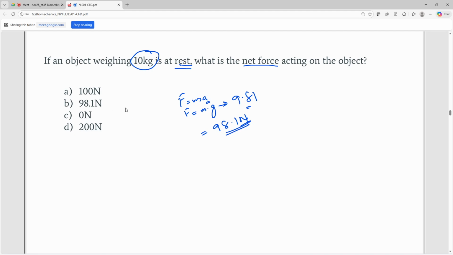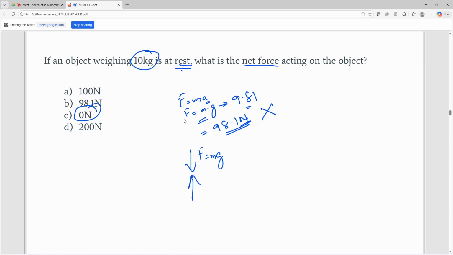That is B. But the answer is wrong because the question was asking the net force acting on the body. When the body is at rest, it is at equilibrium. So the net force acting on it should be zero. This mg is the force due to the action of gravitational force acting downwards. But there is something equal and opposite countering it.